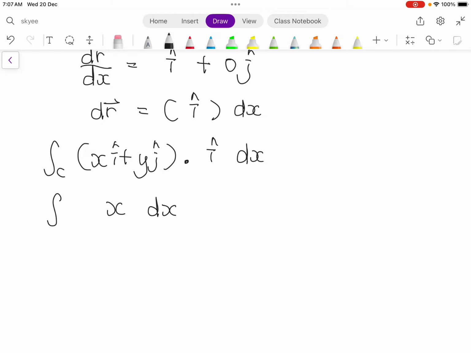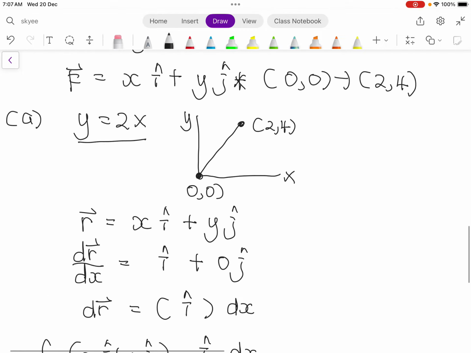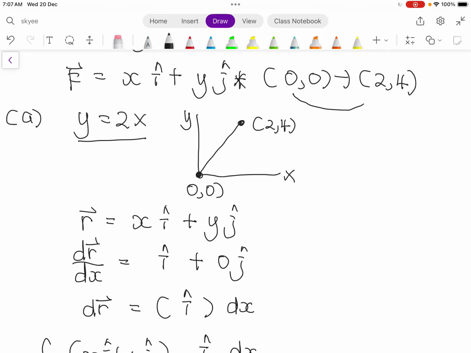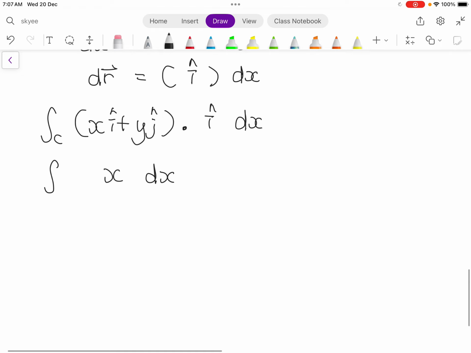Now when you want to calculate this line integral, you just need to refer to the x. The x is changing from 0 to 2, right, 0 to 2. So you can start to calculate this thing.